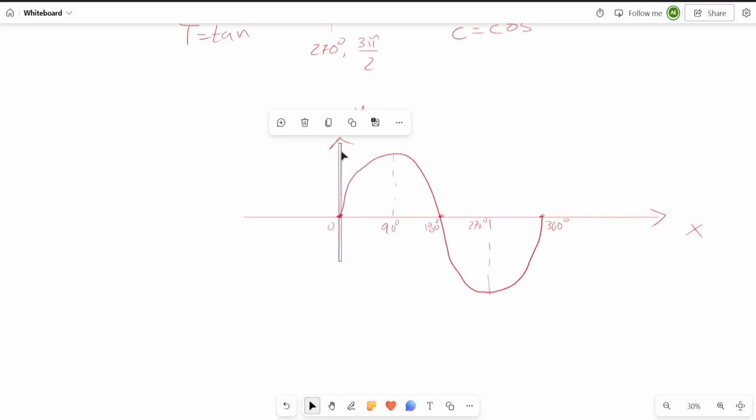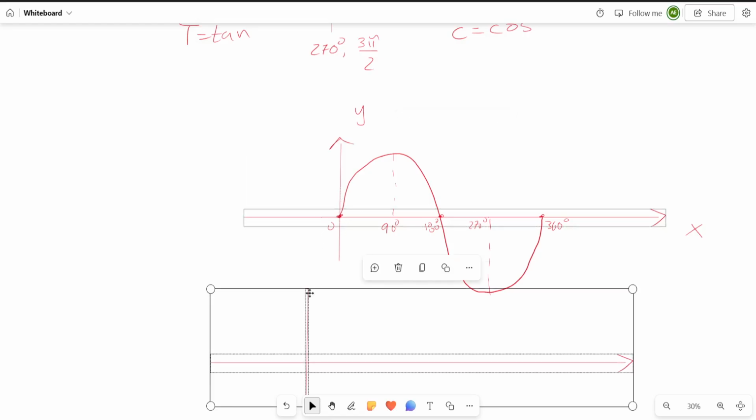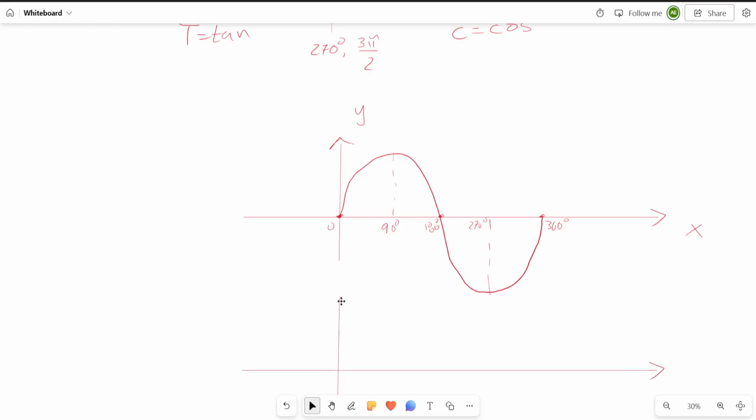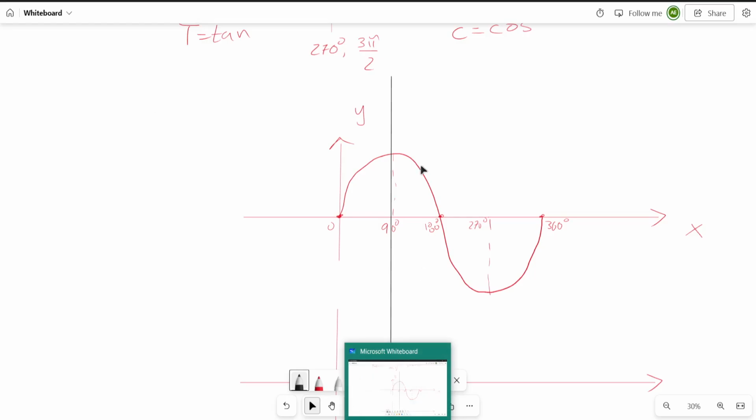Let me do one thing. Let's take this and this, and do again over here, and let me draw these boundaries with the black line, so we know where the 90 degrees is.